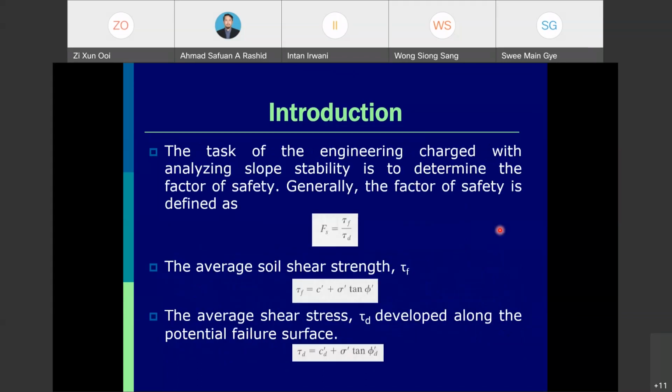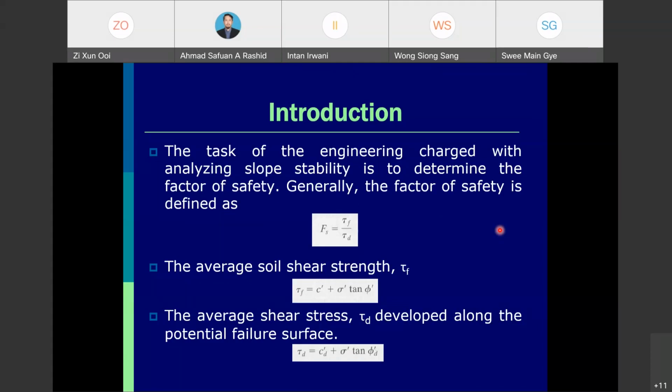So the task of the engineer charged with analyzing slope stability is to determine the factor of safety. Generally, the factor of safety is defined as tau F over tau D. The average soil strength, tau F, is equal to c prime plus sigma prime tangent phi prime.